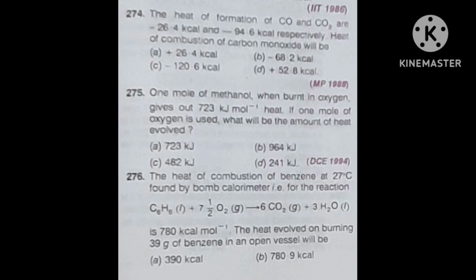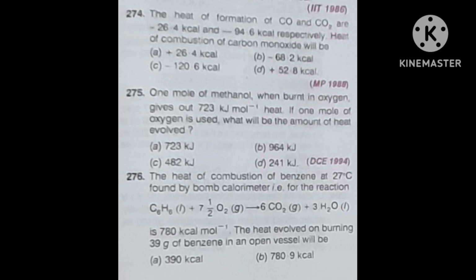Combustion of ethane, so you have to write the ethane reaction, the balanced reaction. First you have to write C2H6 plus O2, which on complete combustion gives CO2 plus H2O.